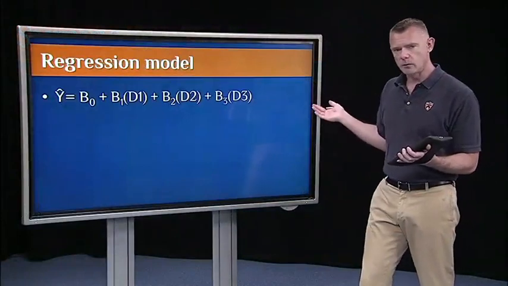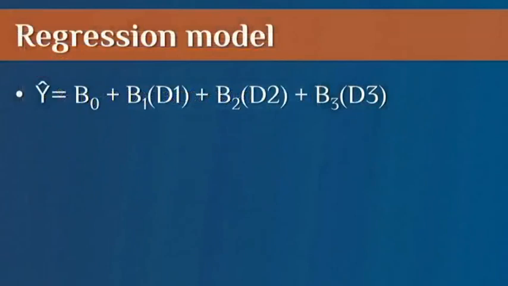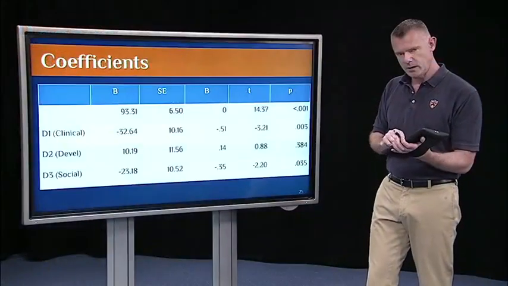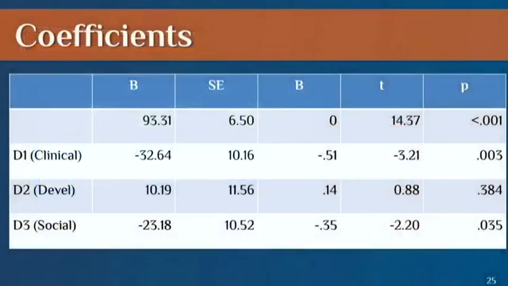So the regression model would look like this. We just put in the 3 dummy codes. So now we have 3 predictors. And this will allow us to look at all these pairwise comparisons between groups. And here's what the output looks like. So this first number here is the regression constant. That's the predicted score when all x's are 0.